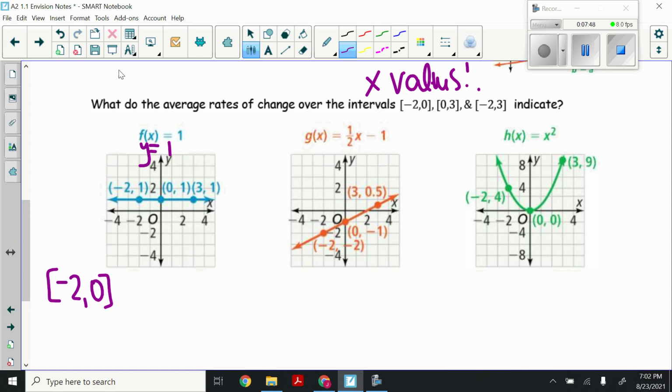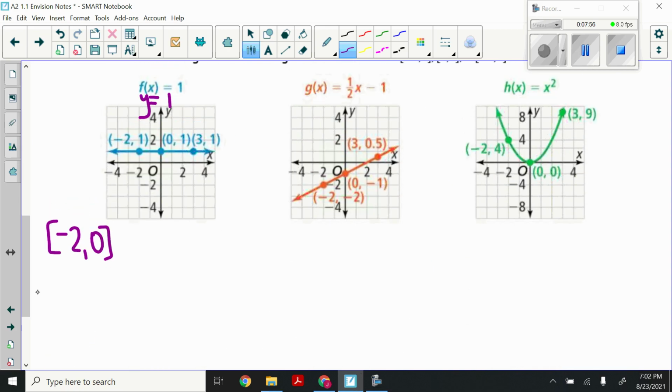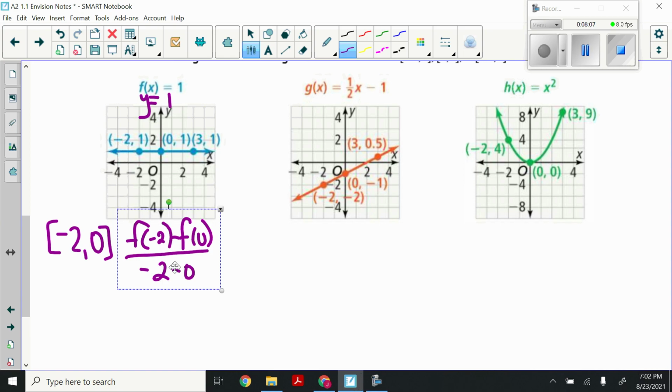So if I want f of x, and again, it doesn't matter which one I start out with, I'm looking at f of -2 minus f of 0 over -2 minus 0. So f of -2, that means I go to my graph. When x is -2, what is my y value?